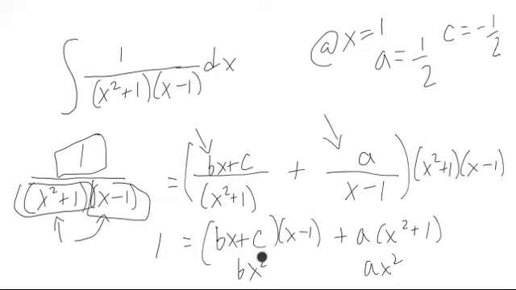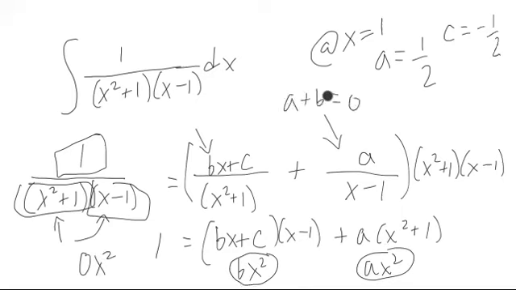We're going to have other terms, but we're just concentrating on the x squared terms. It's these added together, and over here it's 0x squared. That tells me that a plus b is equal to 0. Well, if a plus b is 0, and a is a half, then b better be negative a half.